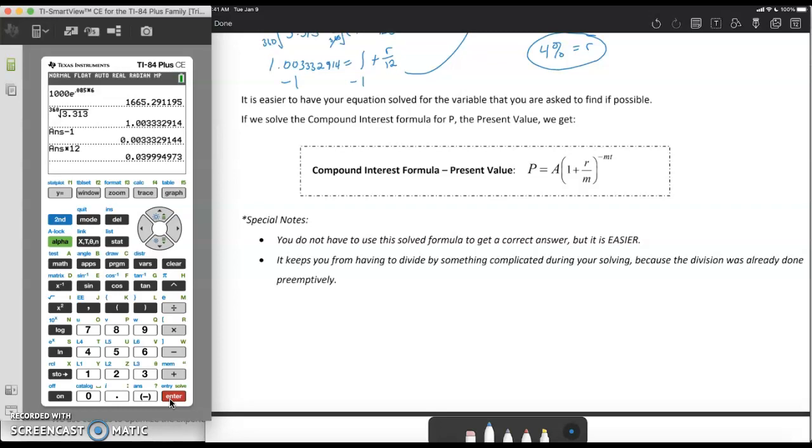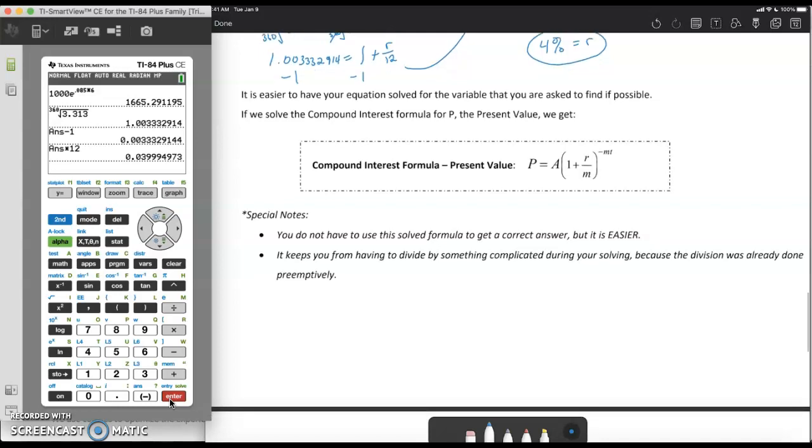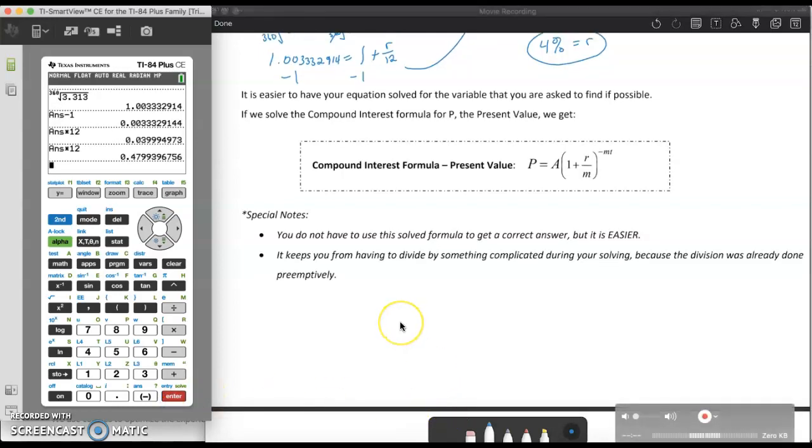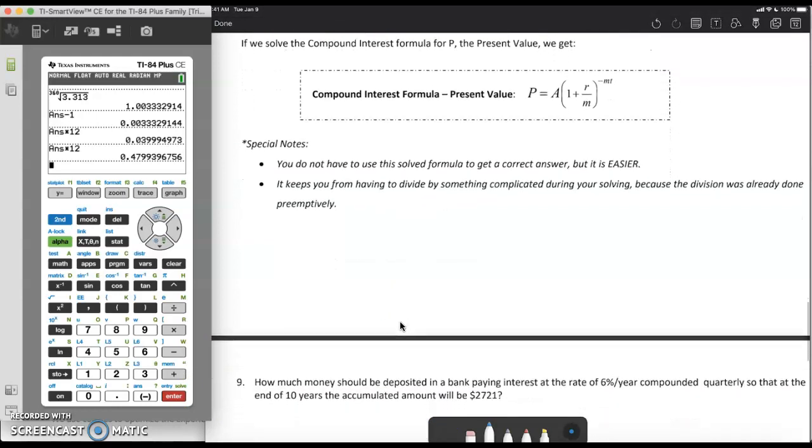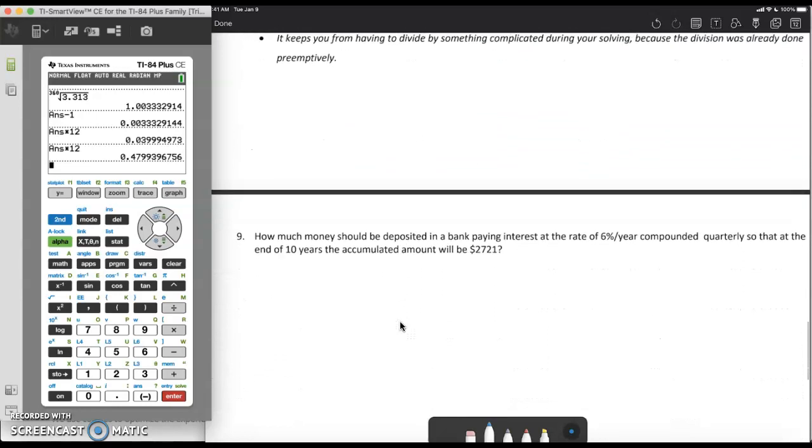Again, you do not have to use this formula to get the correct answer, but I do think it's easier. It keeps you from having to divide by something complicated during your solving, because the division was basically already done preemptively. Okay, so that is just kind of Carrie's tip. These are the formula choices I'm going to give you, so I invite you to try to do that when applicable.